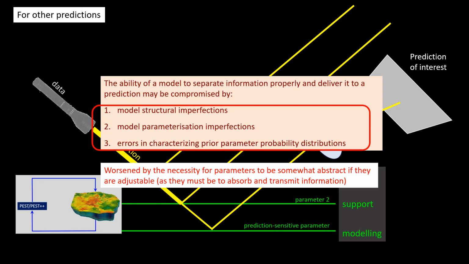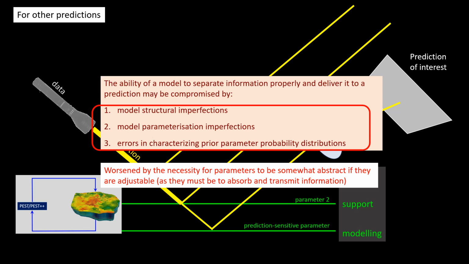If we make our model complicated, we're trying to represent structural and parameterization detail. But we don't know the details of the detail. Hence, should that parameterization detail, that structural detail, be represented stochastically? Probably it should, but often it's not.